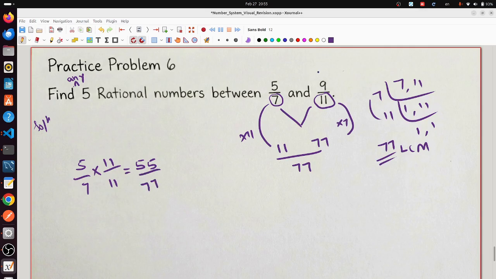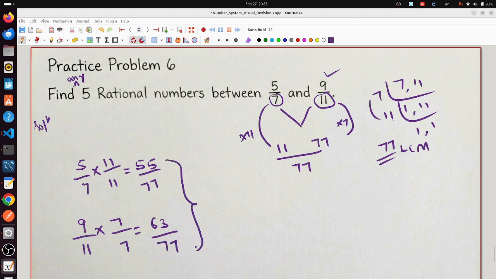Now if you take this number 9 by 11, what you need to multiply? 7 by 7, right? 9 sevens are 63 divided by 11 into 7, again 77. Now we got these two fractions. Now they have asked for 5 rational numbers between 55 by 77 and 63 by 77.